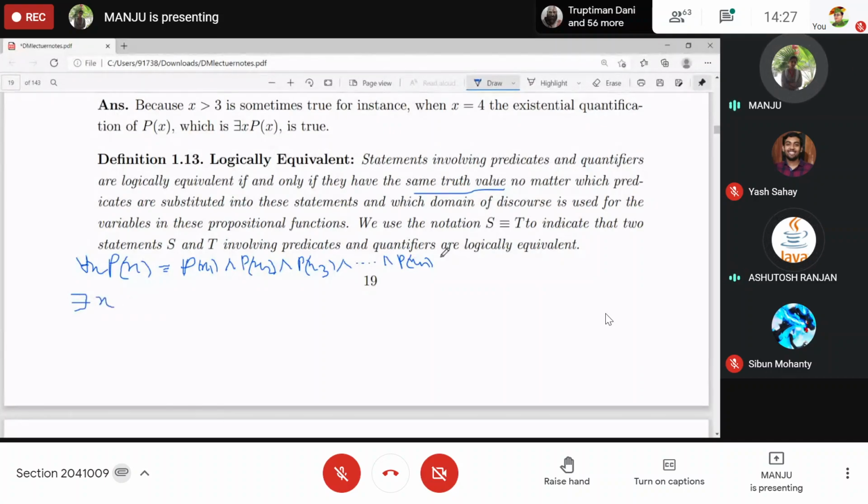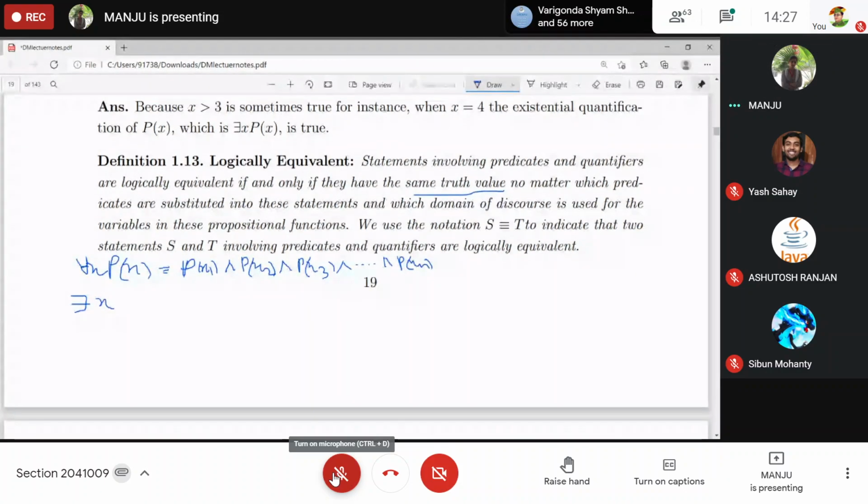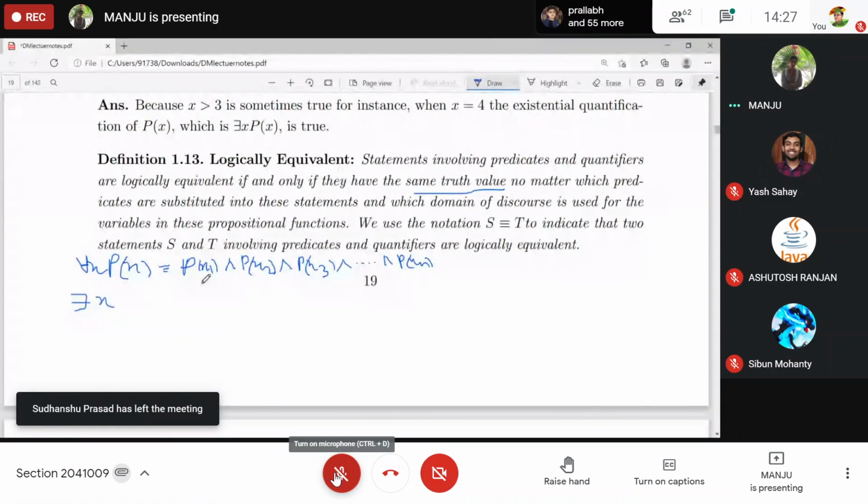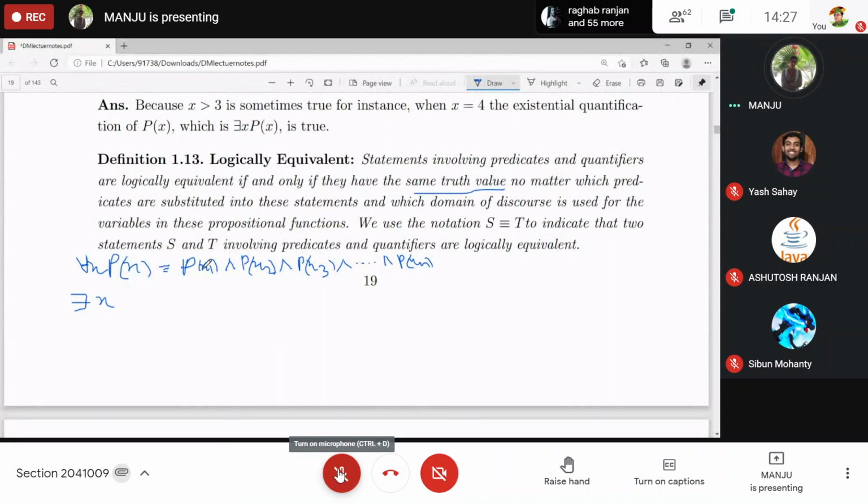This is logically equivalent because the right hand side is true when all are true, right? And the left hand side is also true when P(x) is true for all values. Clear? Yes, ma'am. And this is false even if a single value gives you false, and same for this one.